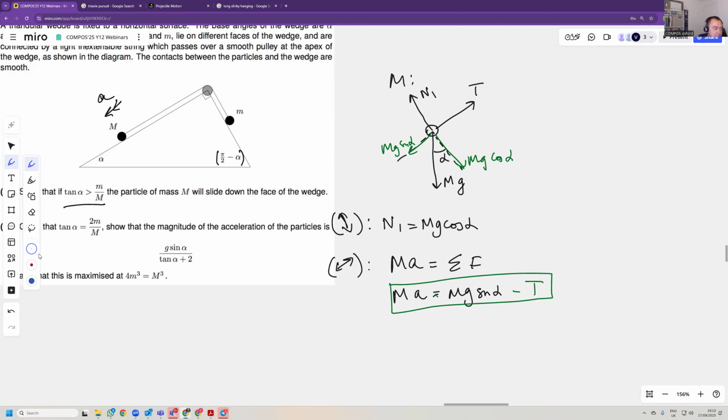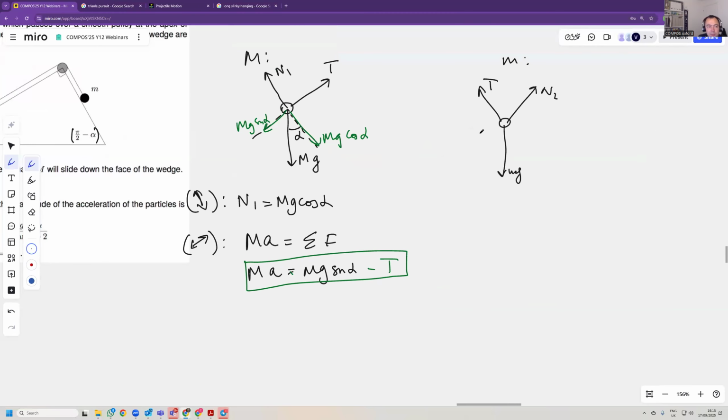Now for the second mass, M, we have the tension force going up, the Mg force going down, and the normal reaction N2. Because it's accelerating up the slope, this component is Mg sine pi over 2 minus alpha, and this is Mg cos pi over 2 minus alpha.